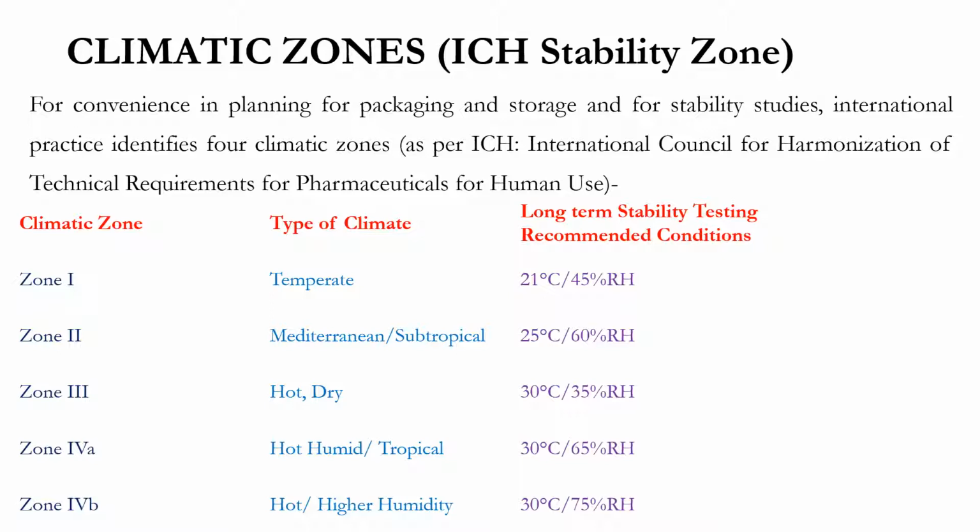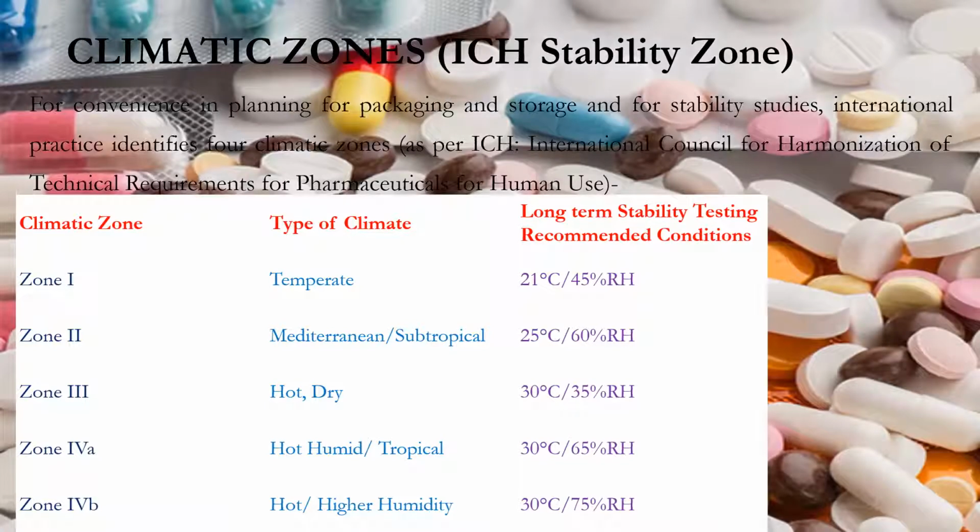Hot humid, zone 4A, is 30 degrees Celsius with 65% relative humidity, and for zone 4B, where higher humidity is there, we need to check at 30 degrees Celsius with 75% relative humidity. So these are the recommended conditions for long-term stability testing by ICH.